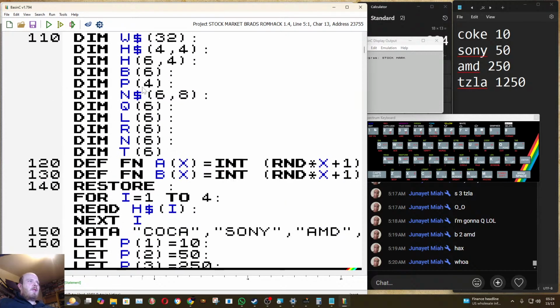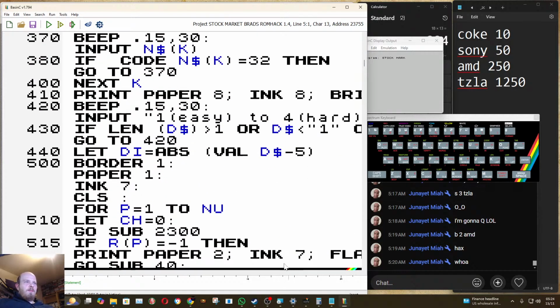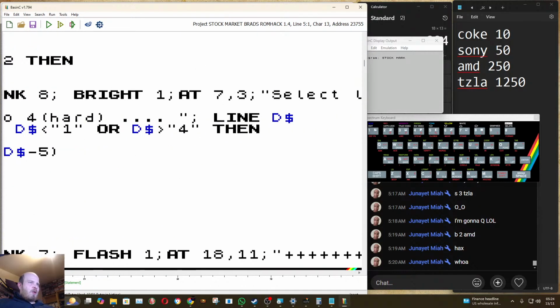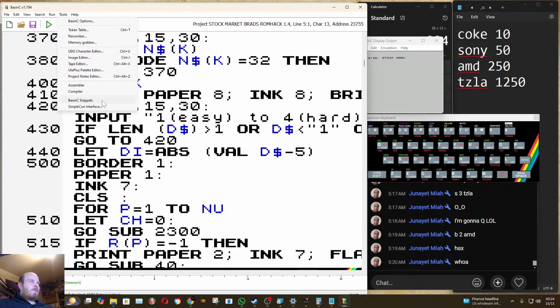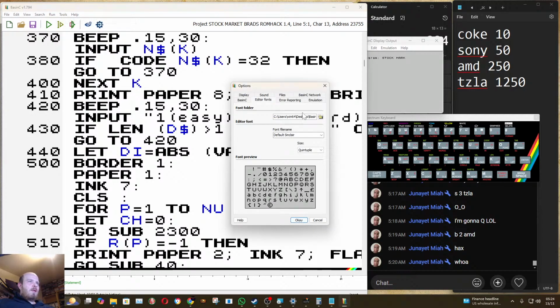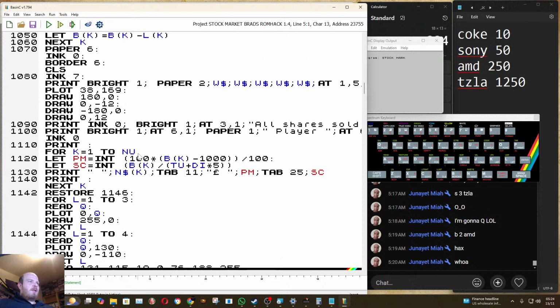Right. Now we can scroll across to see what it's saying, right? But I can make this a little bit smaller. That's better.